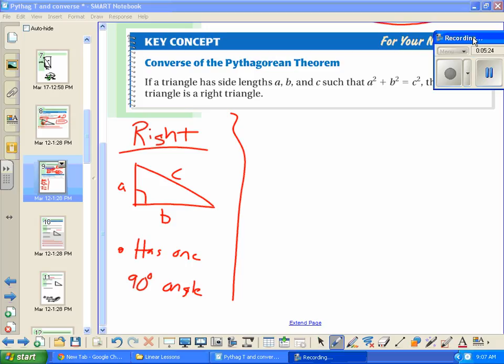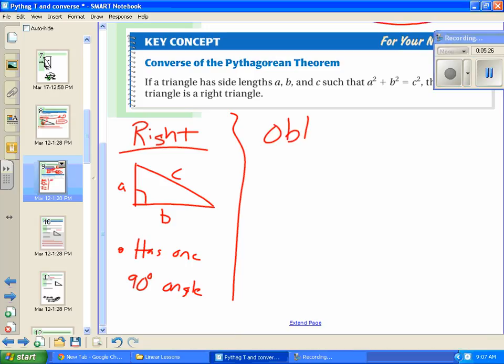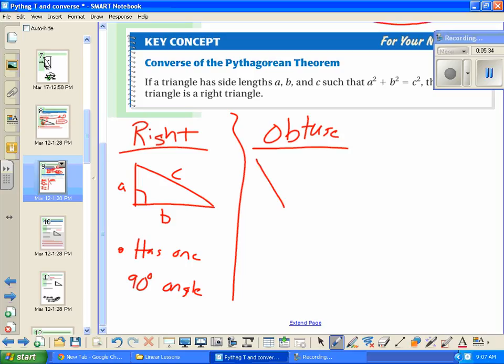Well, one of those cases is the obtuse triangle. And usually I'll ask students to remember these in class, and they usually are able to come up with these. The obtuse triangle, what does that look like? Well, it has one angle that's actually greater than 90 degrees. So here's an obtuse triangle. And this angle right here is actually going to be greater than 90 degrees, greater than just like the corner of your paper.